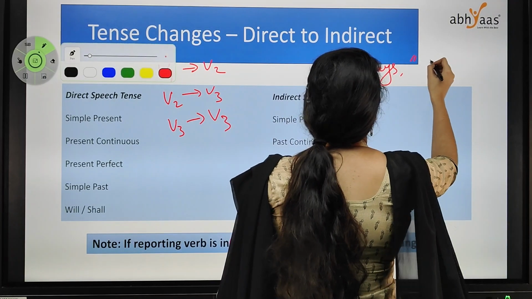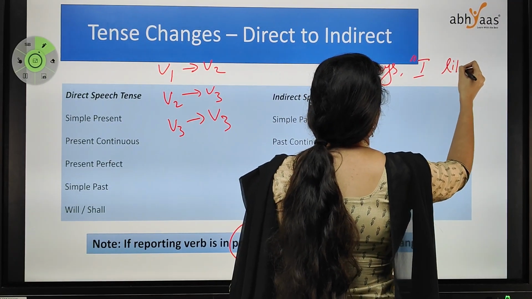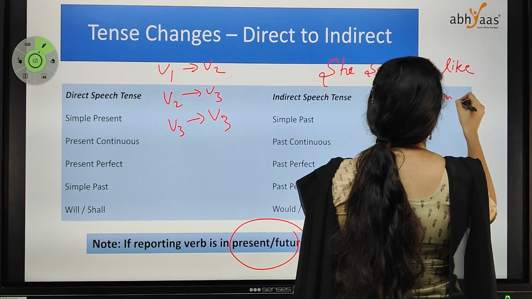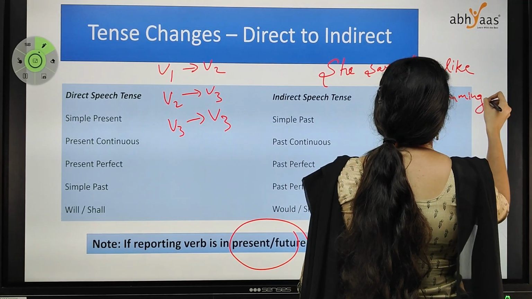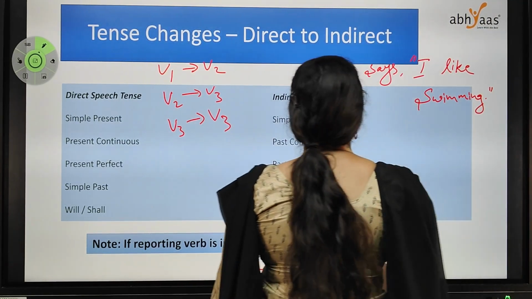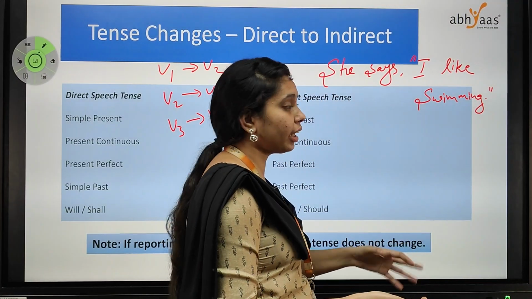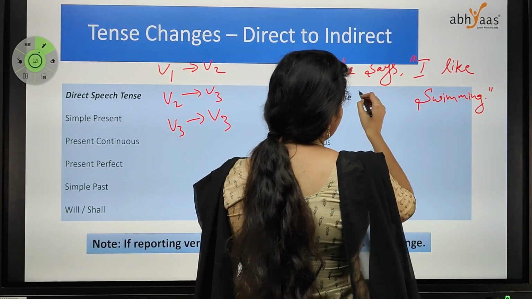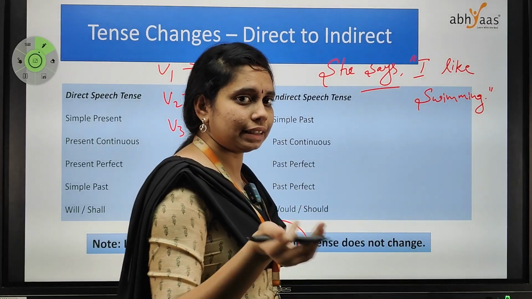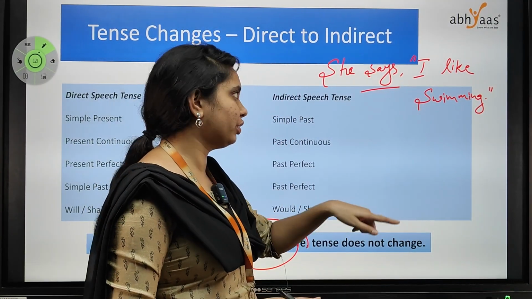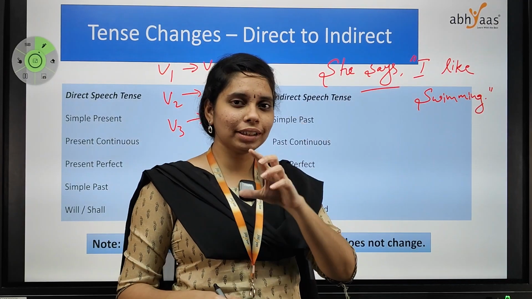She says, "I like swimming." So as per our previous discussion just a minute ago, it should be something like she said that she liked swimming, right? But look at this reporting verb here. If it was she said, "I like swimming," then it would be she said that she liked swimming. But she says, what does this imply?